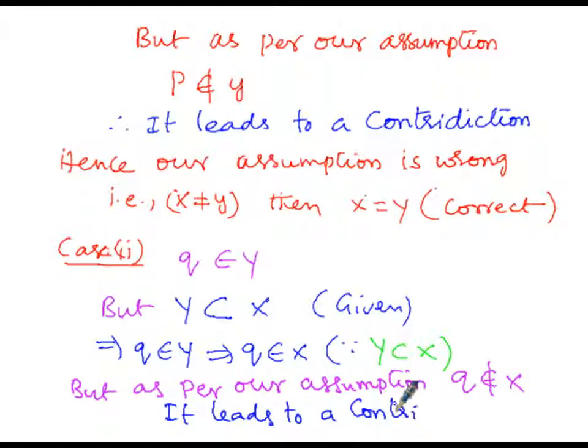So from this it is clear that in both the cases it leads to a contradiction. Our assumption, that is X not equal to Y, is wrong. So X equals Y must be the correct one.